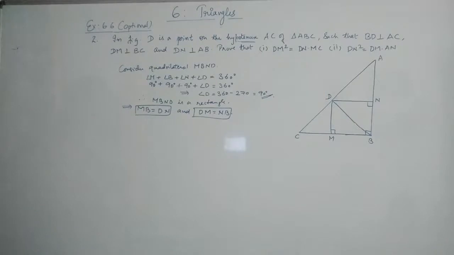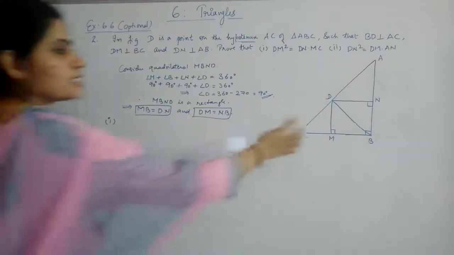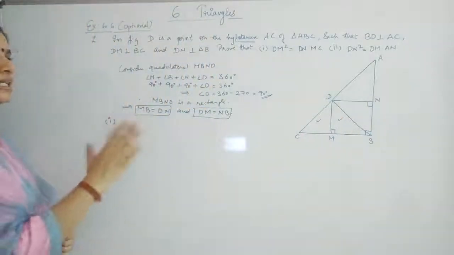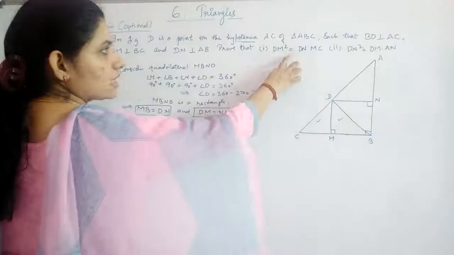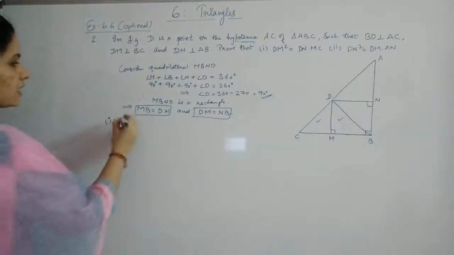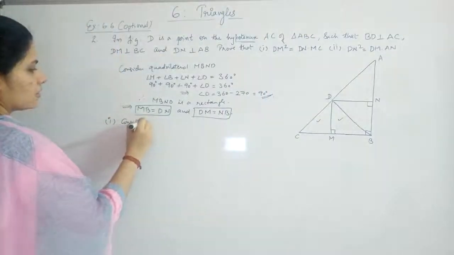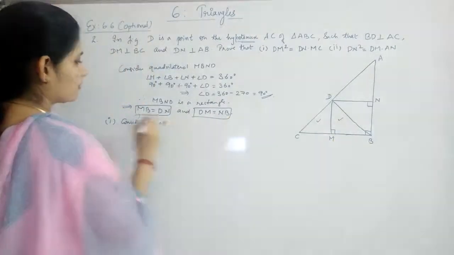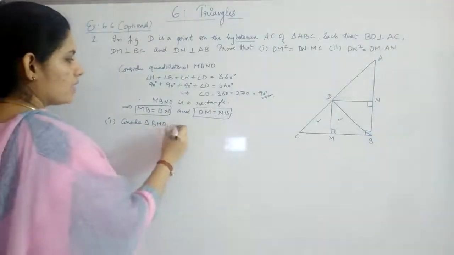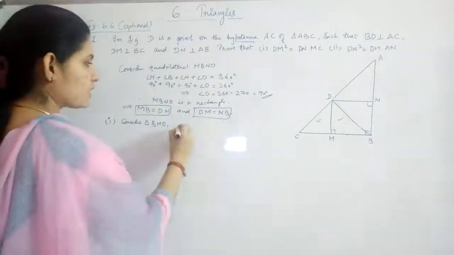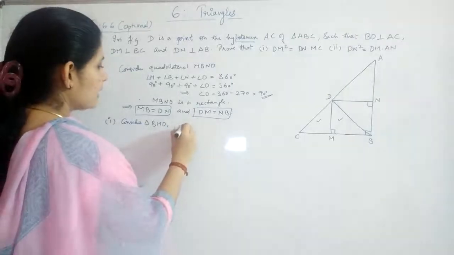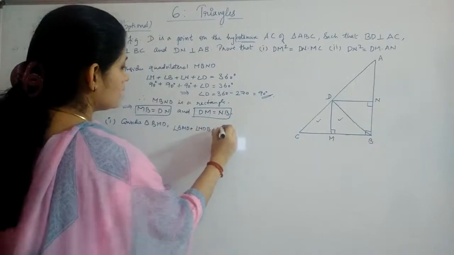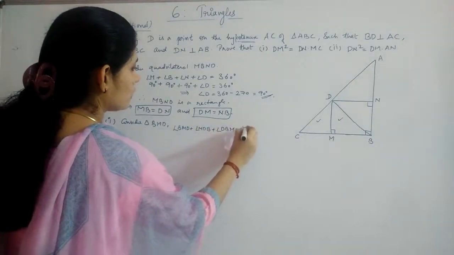Now for the first part, we are considering this triangle and showing them to be similar, and that similarity will give you this result, first result. Okay, so first we are considering triangle BMD, and in this you will have all the three angles to be 180 for any triangle you have. So we will get angle BMD plus angle MDB plus angle DBM to be 180 degree.